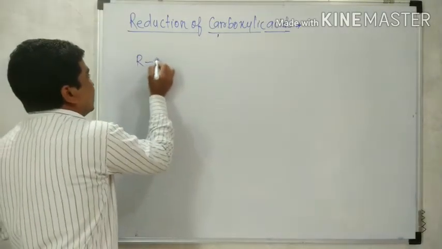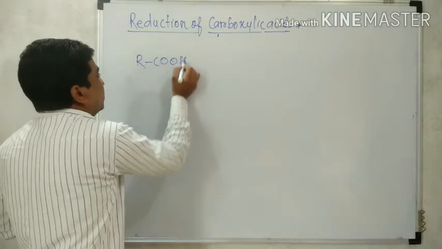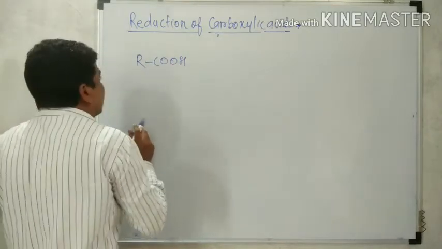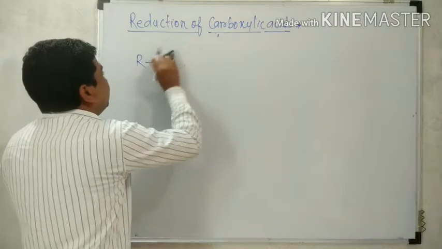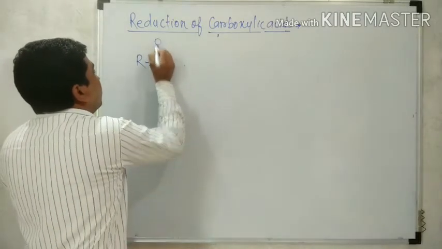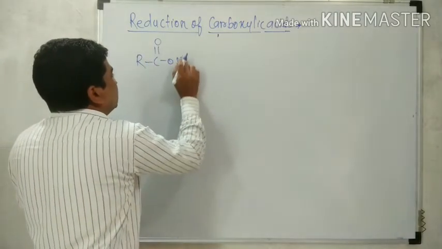The general reaction: RCOOH, which we can write as R-C double bond O, single bond OH.